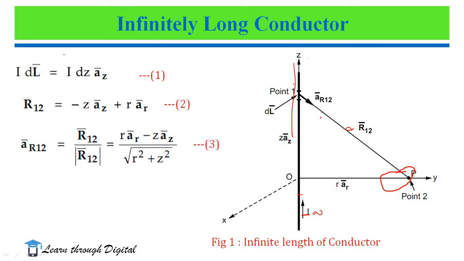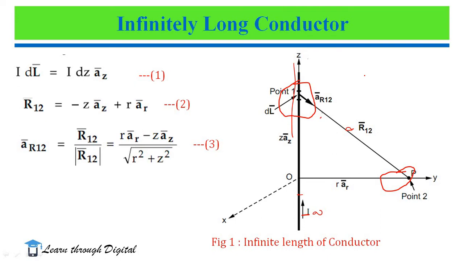The point 1 is a differential current element, I dl vector. So I dl vector is I dz az vector. Since the differential current element is along the z direction, the differential length along z direction is dz az vector.